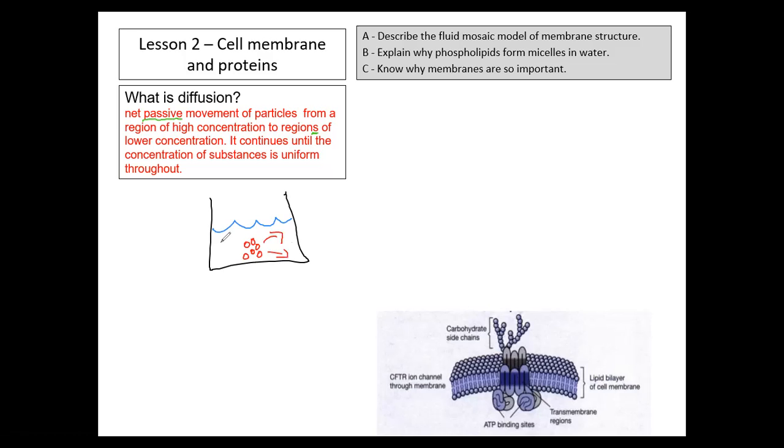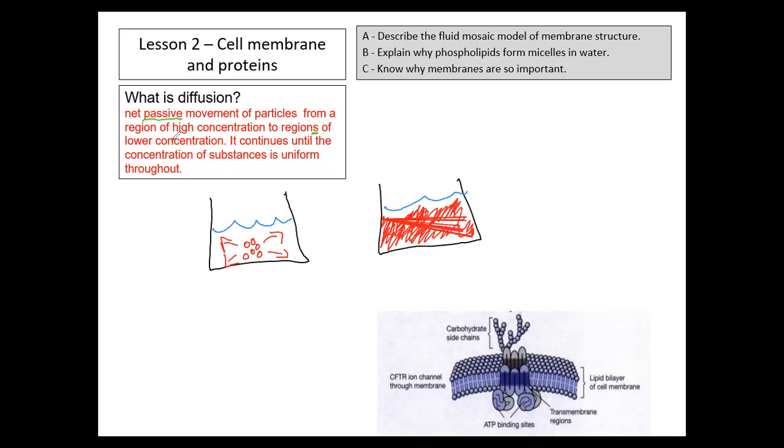And when we talk about this uniform concentration, what we mean by that is that we end up with something that looks like this. It's red throughout, so it's that equilibrium. It's like going back to that idea of equilibrium at A level, at chemistry even, that everything's spread out, it gets to that area of equilibrium.